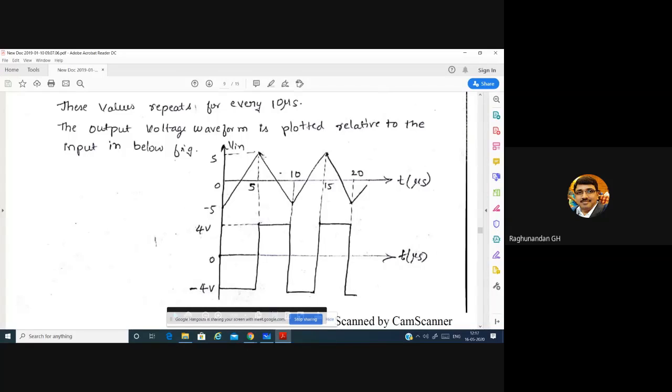But the output is decreasing and moving towards the negative level, while your output is going to the positive level and it is going to fix here. Any idea? So this shows it is an inverting amplifier, no? Yes, very good.